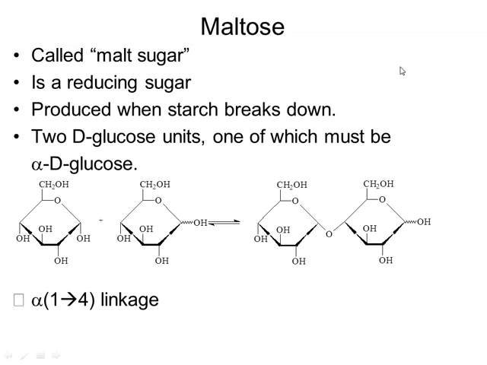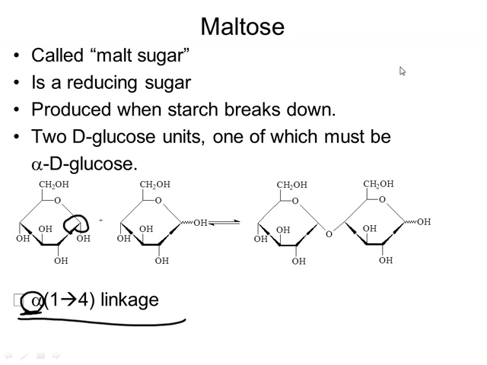But we have a way to identify and label the linkages. The way the linkage is described is first I have an alpha or a beta, though not always.